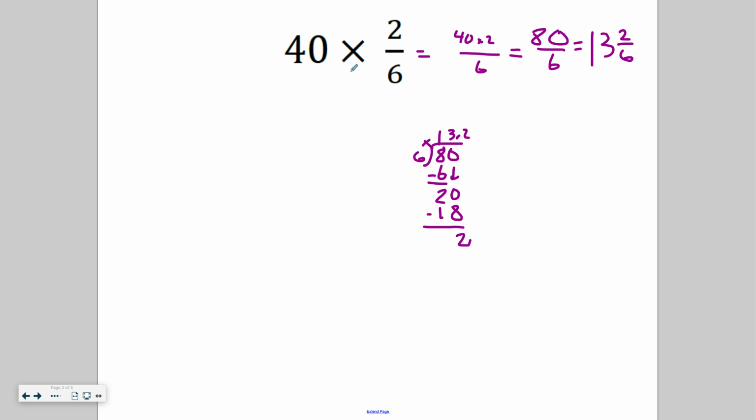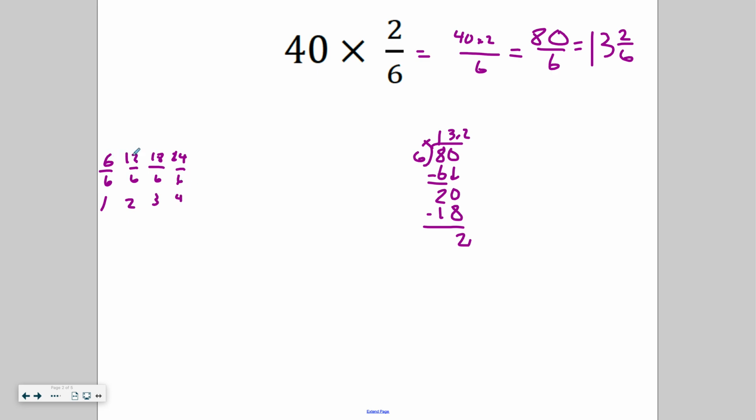The other way is to skip count by these sixths until I get to 80 sixths. Well, 6 sixths is 1 whole, 12 sixths is 2 wholes, 18 sixths is 3 wholes, 24 sixths, 4 wholes.